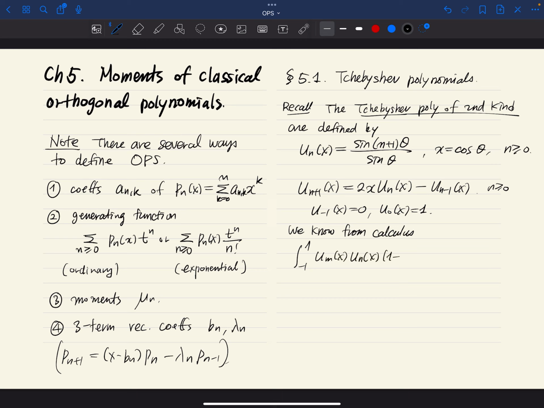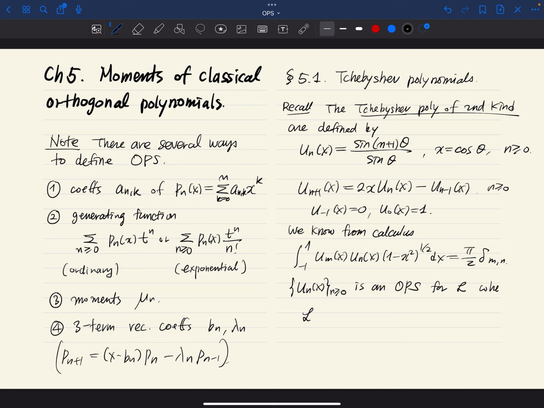The measure is like this, pi over 2 delta_{mn}, right? So in other words, this sequence of polynomials is an OPS for L.